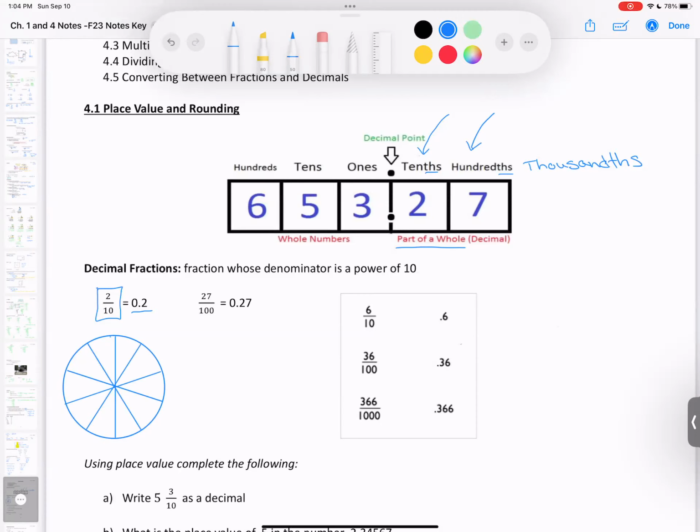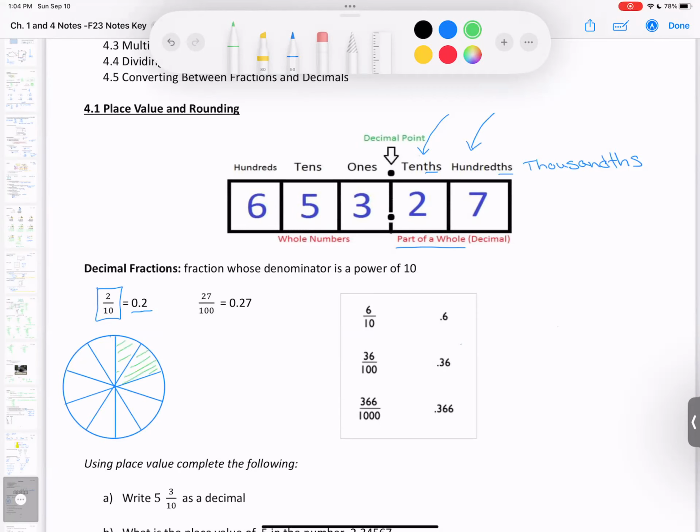Okay, so assuming these were equal pieces of this one pie, we're taking 2 out of 10 of those pieces. So this would be 0.2 or 2/10 of a pie.